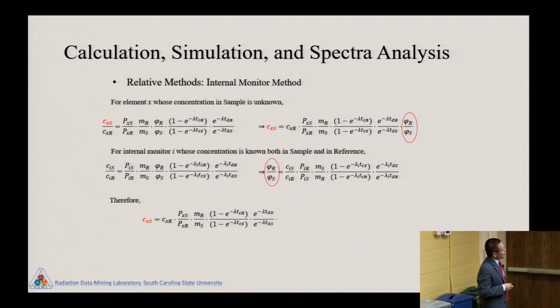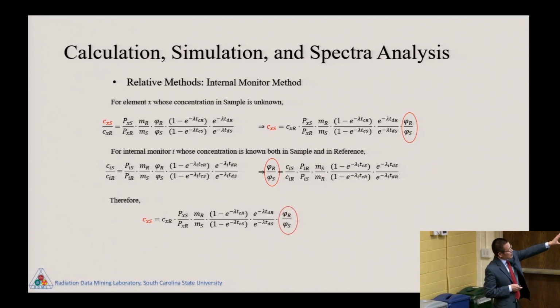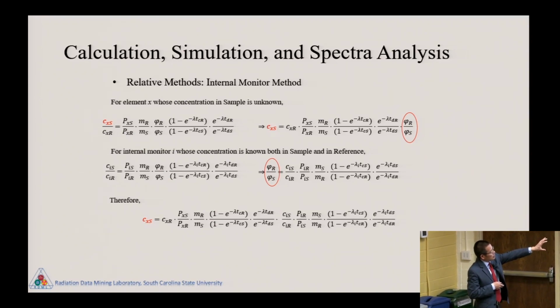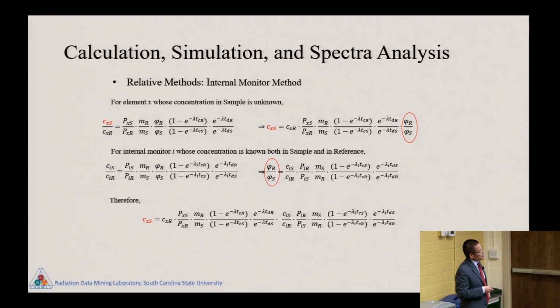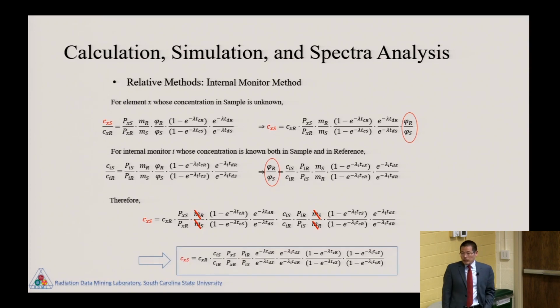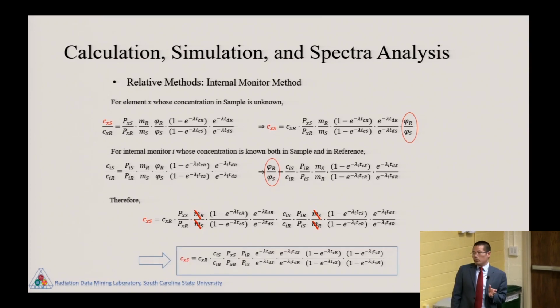Then we can put this back there. So we remove this flux ratio and put the internal monitor ratio there. Then we calculate the concentration, cancel out the mass, and get the final result.